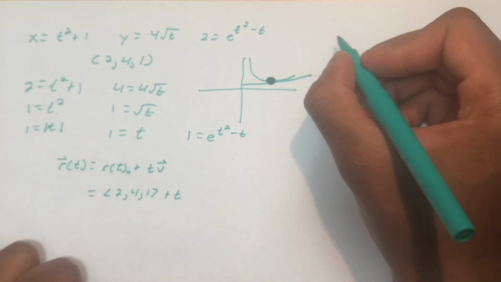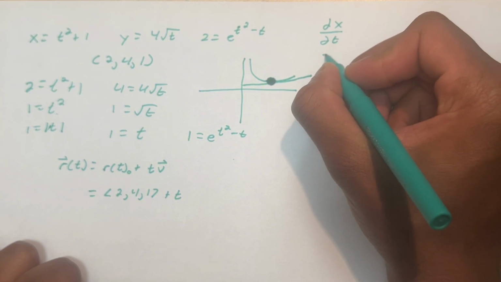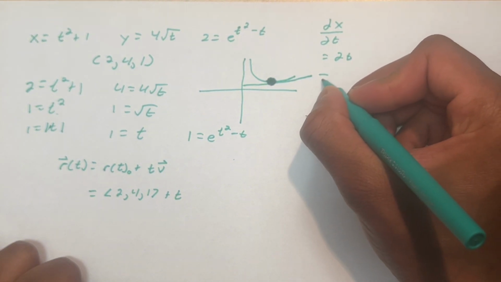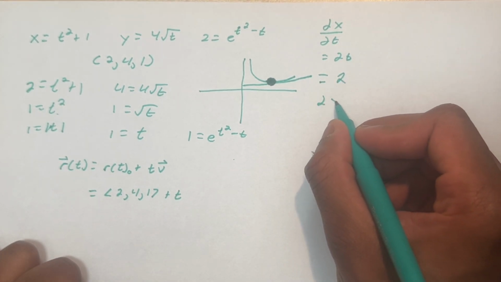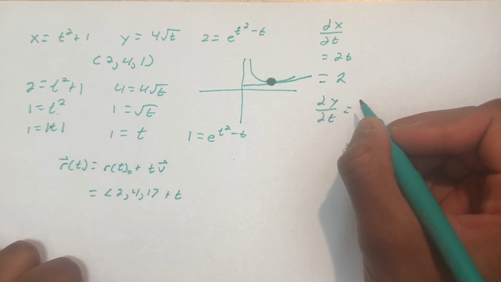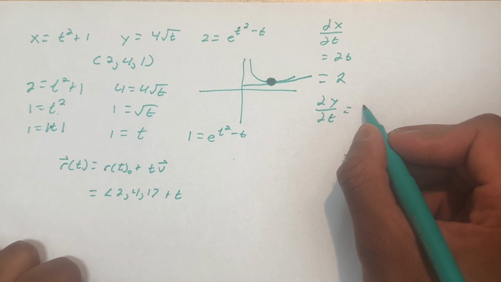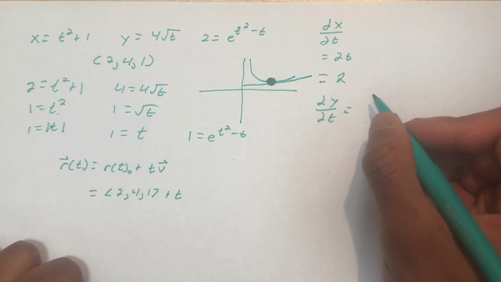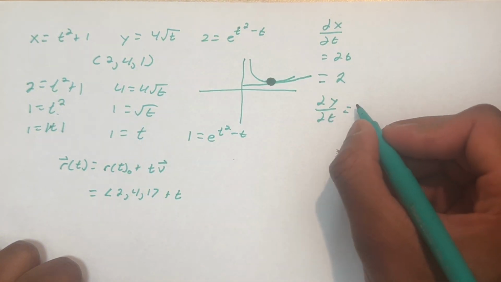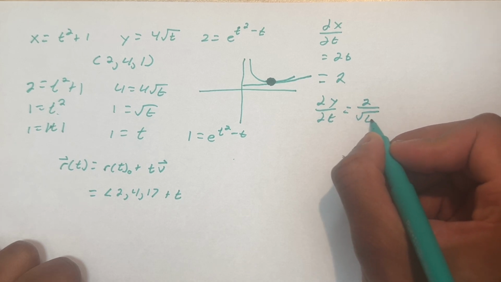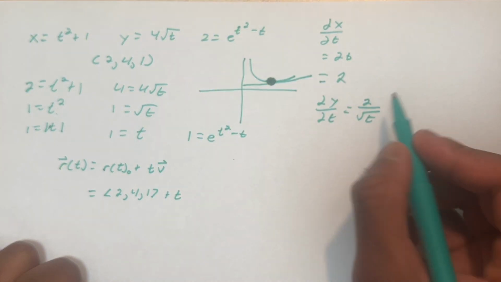So let's do it. We have dx over dt equals 2t. When t equals 1, we have 2. For dy over dt, let's differentiate first. We have 2 over the square root of t, because we have 4 times 1/2 t to the negative 1/2, which goes to the bottom.